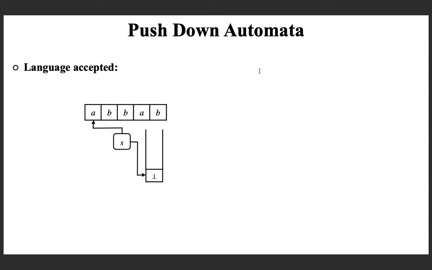If you remember, we have discussed two different acceptance criteria for push down automata, and later we proved that both the acceptance criteria are equivalent, and the criteria are acceptance by empty stack and acceptance by final state.